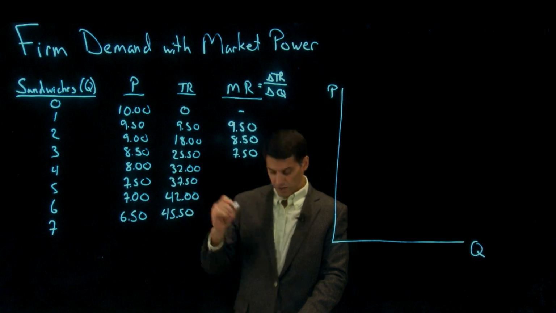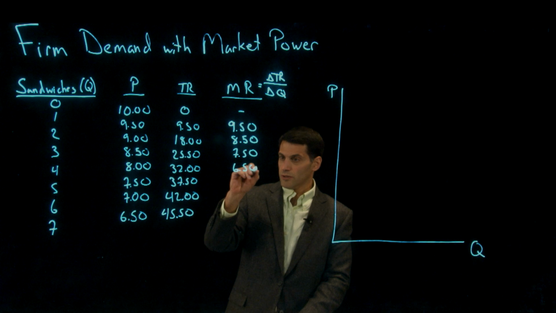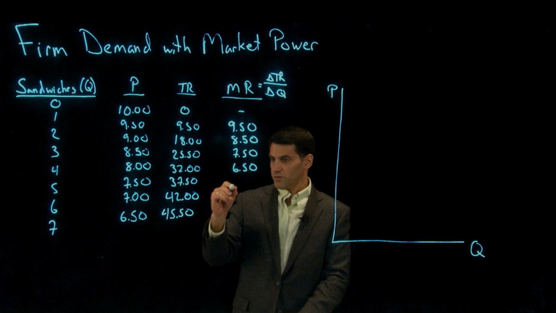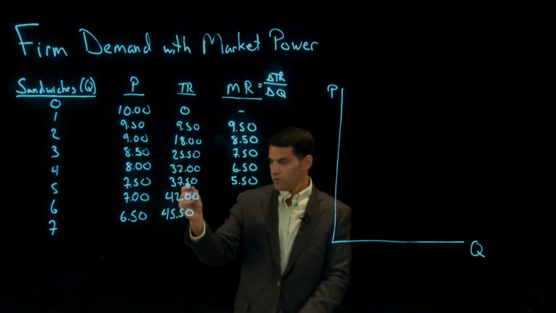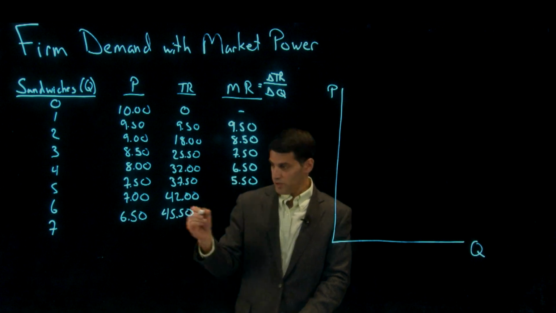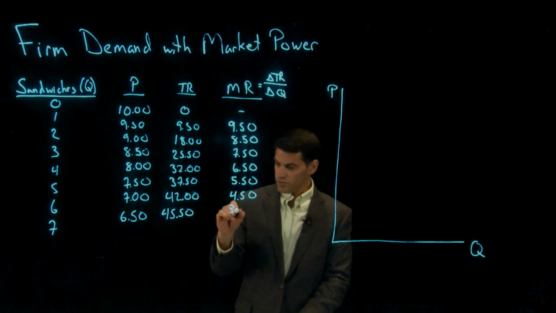From 25.50 to 32, that is $6.50. From 32 to 37.50 is $5.50. And 37.50 to $42, that's $4.50. And then finally, $3.50 for the 7th sandwich.